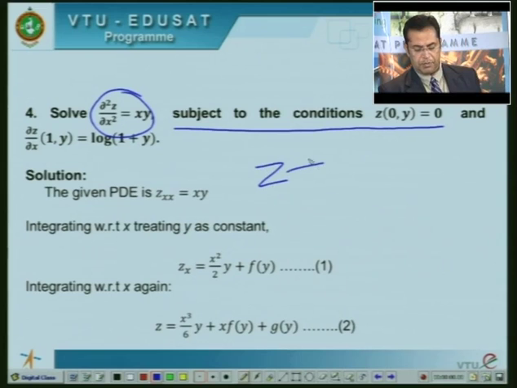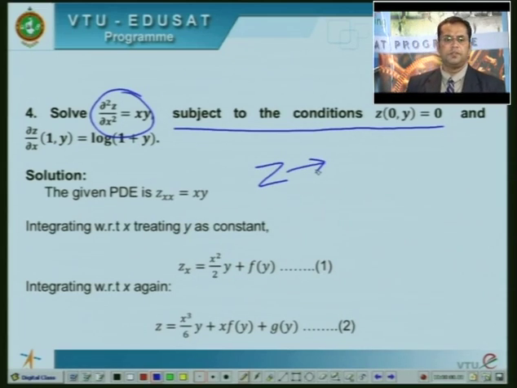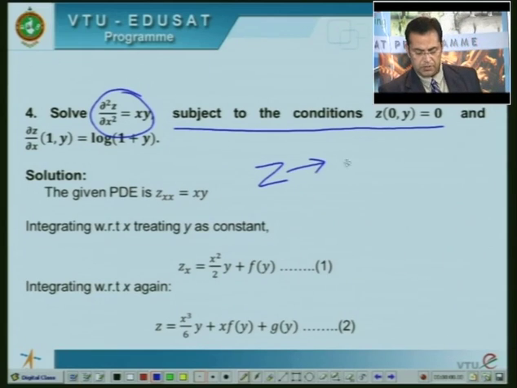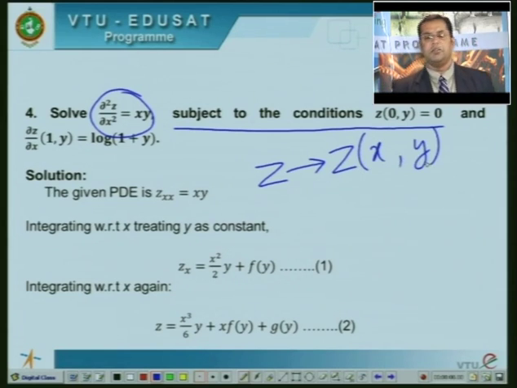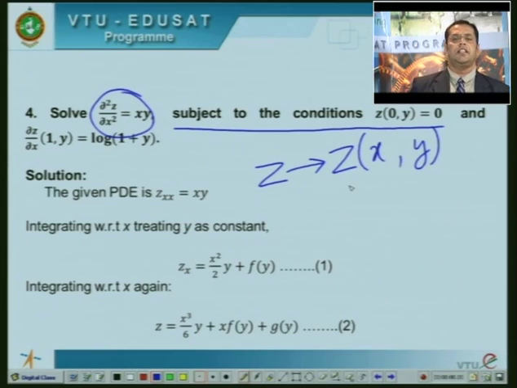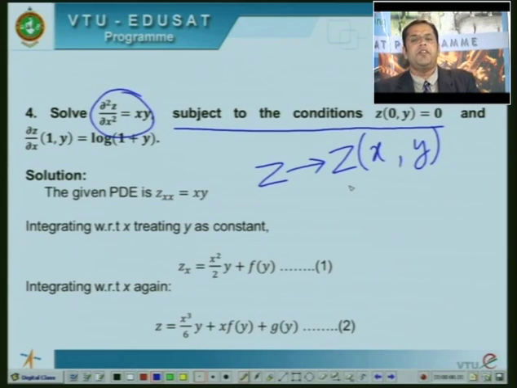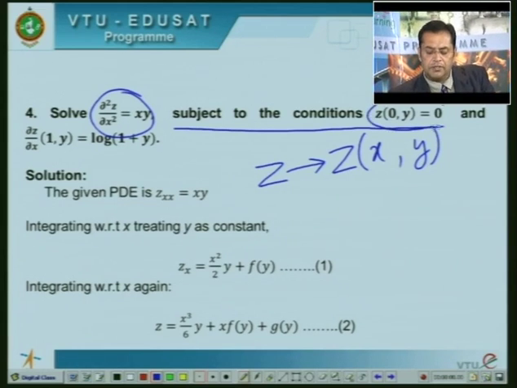In this example, the dependent variable is z and the independent variables are x and y. So, z should obviously be z of x comma y. Even though in the final solution we do not write this, it is understood that as and when you find the solution as z, it is nothing but z of x comma y itself.